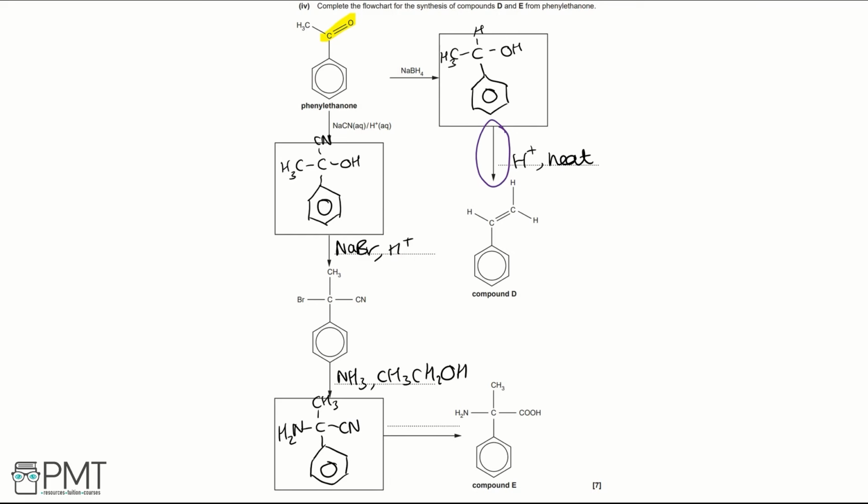Then reacting this with water or H2O, an acid catalyst or H+, and heat, that's going to form compound E. To get the marks for this question, you get a mark for having each product and each reagent and condition step correct. So in total there are 7. There are 3 products and there are 4 reagents and conditions. You get a mark for each.